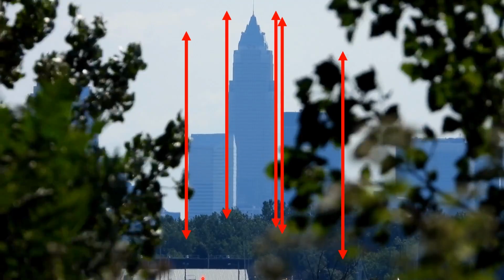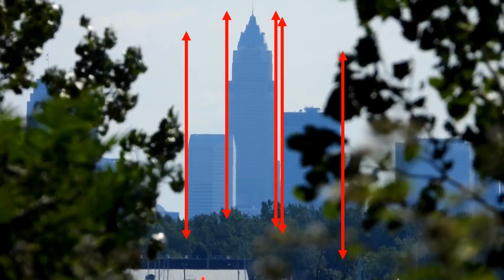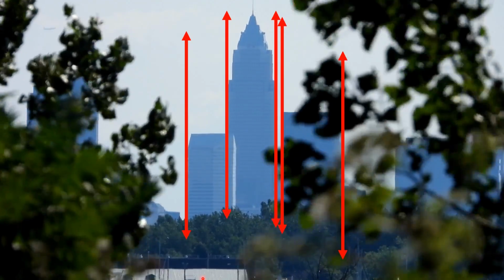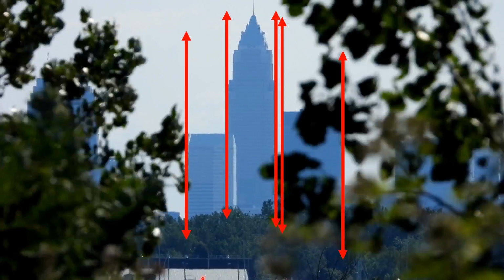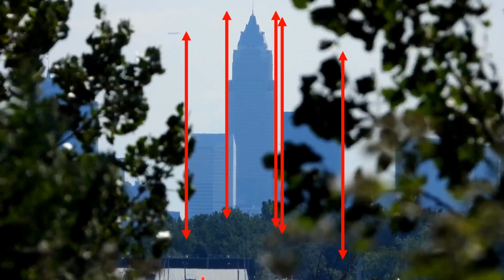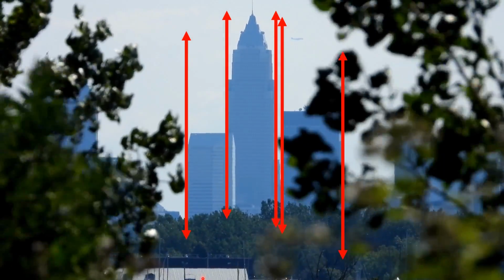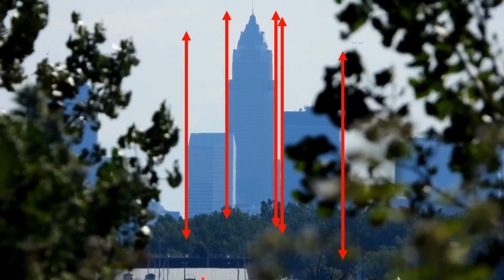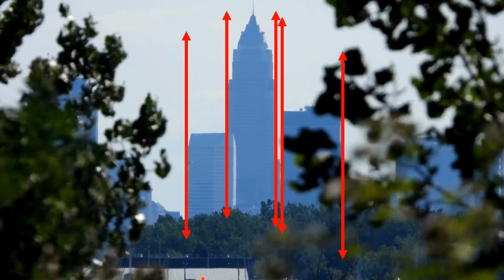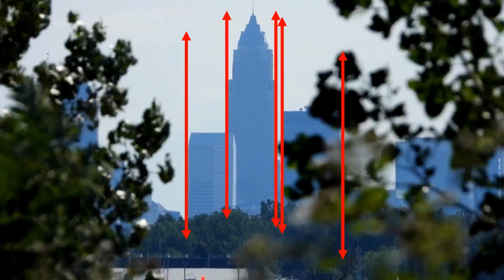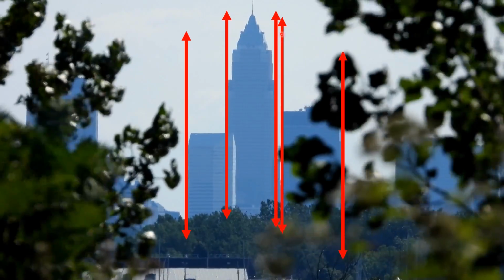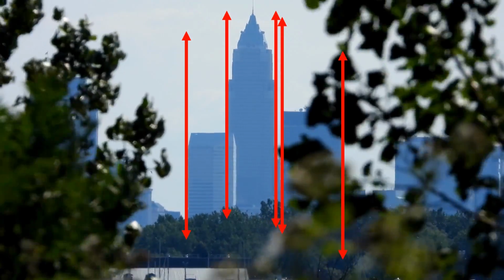So as you can see, it is completely straight. There's no angle to it at all, but there should be some, and these perpendicular lines show that there is no angle to it at all.